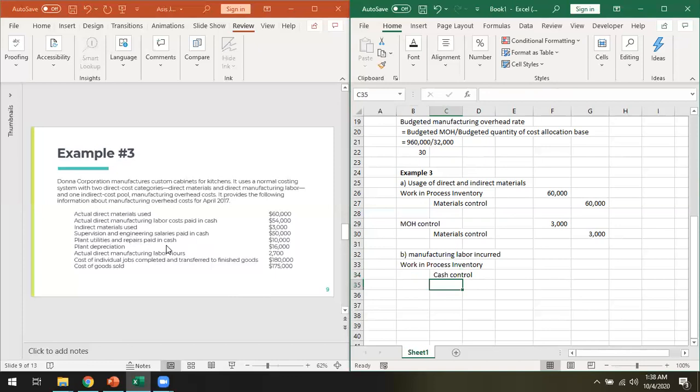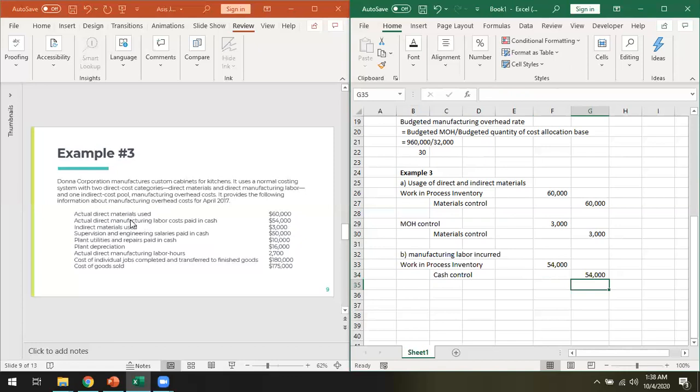If we pay the direct manufacturing labor cost with accounts payable, then the credit will be accounts payable. So it depends on how we pay this cost. We know that the actual direct manufacturing labor cost paid is $54,000. So the credit will be the same, $54,000.